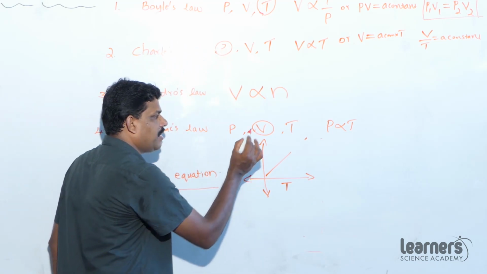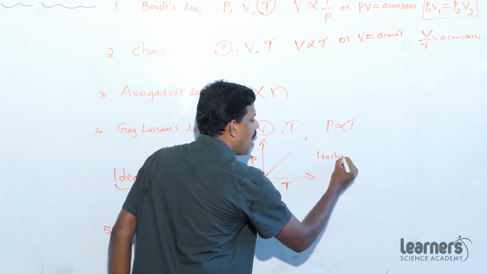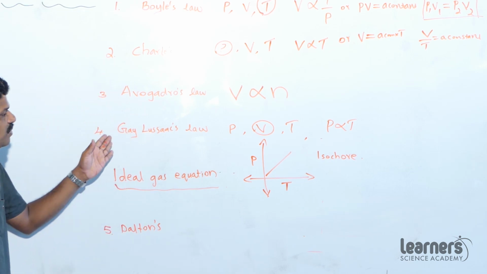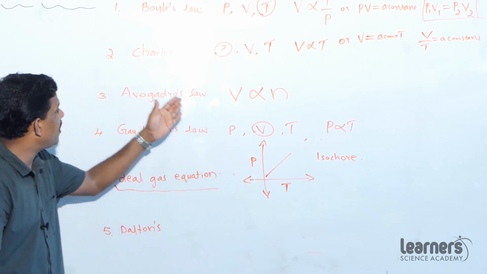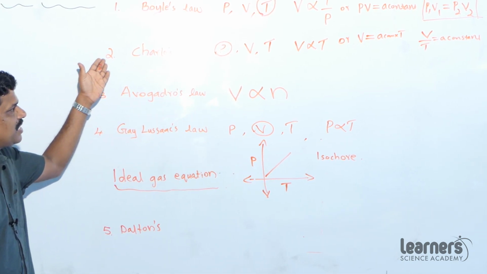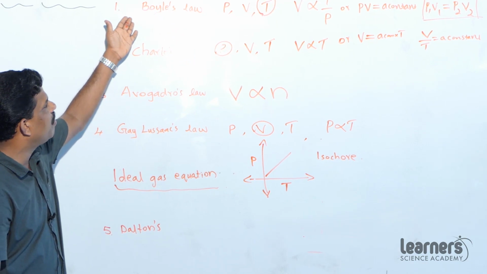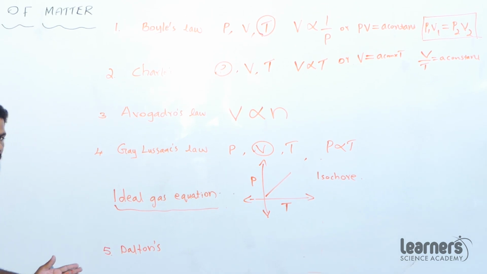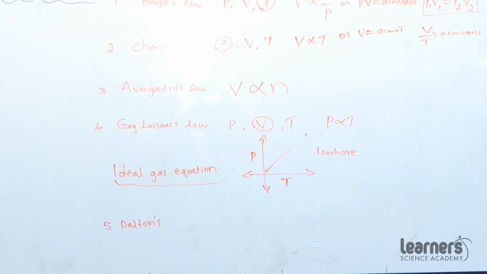Such a graph plotted by taking volume as a constant is called an isochore. The graphical representation of Gay-Lussac's law is the best example for isochore. The graphical representation of Charles' law is the best example for isobar. The graphical representation of Boyle's law is the best example for isotherm. So the first four gas laws are discussed here.